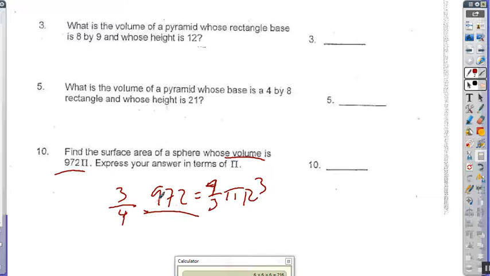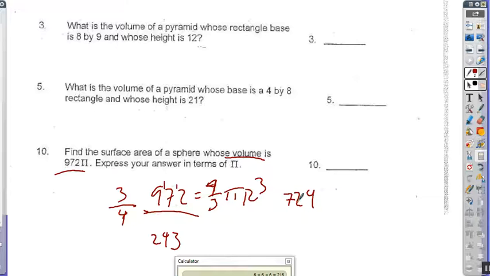Okay, so 4 goes into 9 twice, carry the 1. 4 goes into 17 4 times, carry the 1, 3. And so now I need to multiply this by 3. So I get 9, 12, carry the 1, 6 plus 1 I carried.